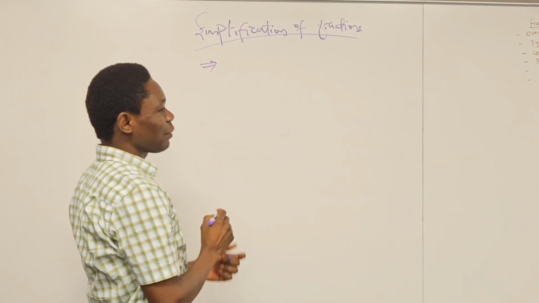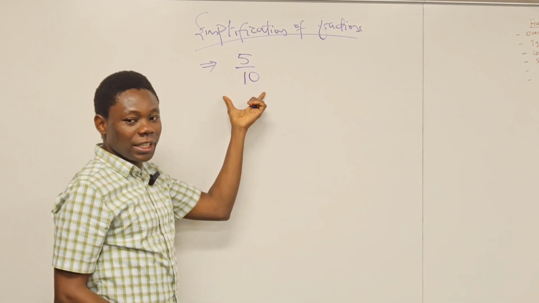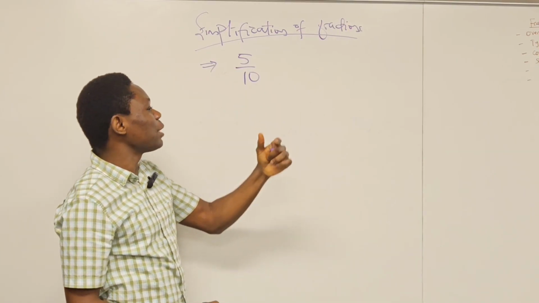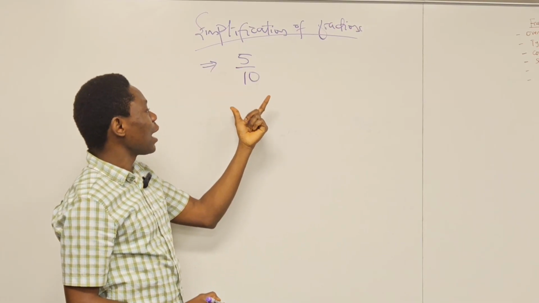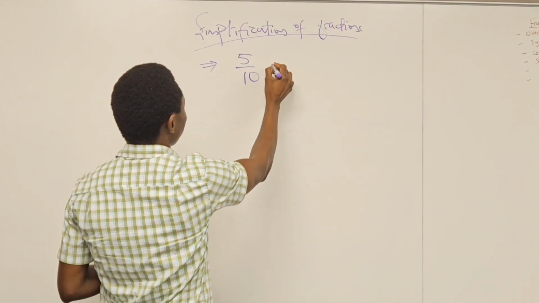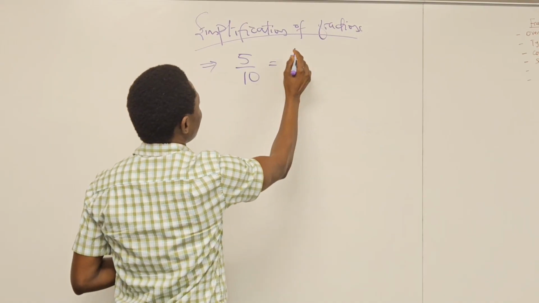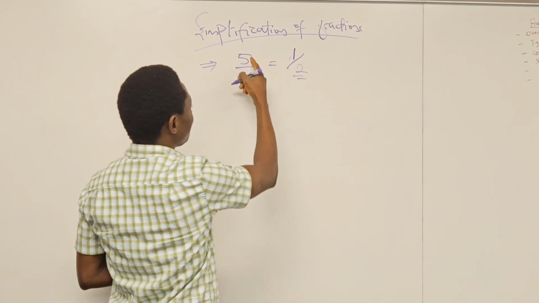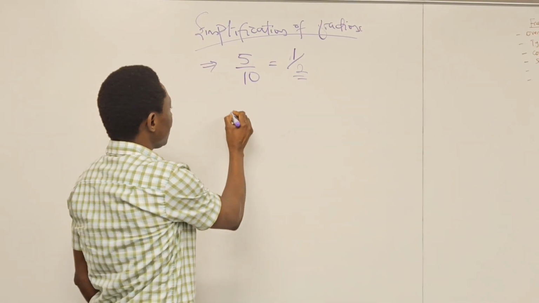So, for instance, you have a fraction like 5 over 10. This fraction can be simplified further. It can be reduced to the lowest term. All we need is to look for a number that can go into both the numerator and the denominator at the same time. Obviously, the common number here is 5, right? So 5 into 5 gives you 1, and 5 into 10 gives you 2. So 5 over 10 is reduced to 1 over 2.